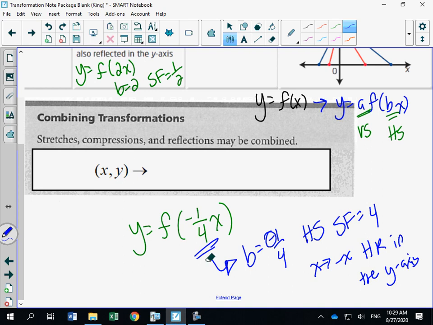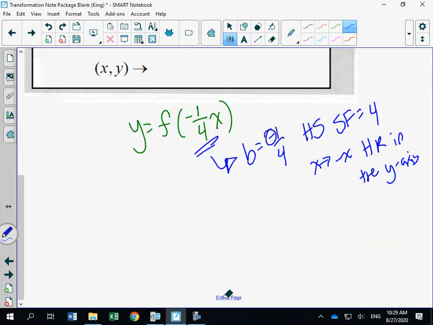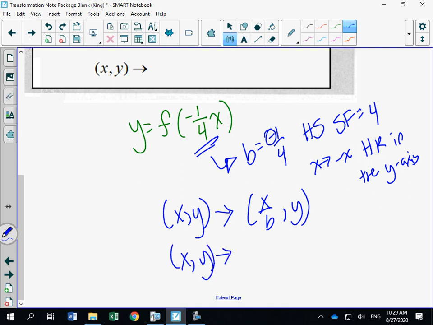If we were to do the mapping for this, the mapping would be x comma y to x over b comma y. Because it's a fraction, I don't want to go x divided by negative a quarter, so just multiply by the stretch factor. The stretch factor is 4x, but we have to put the negative. When we're doing our mapping, we always include the negative, because that tells us there's a reflection.